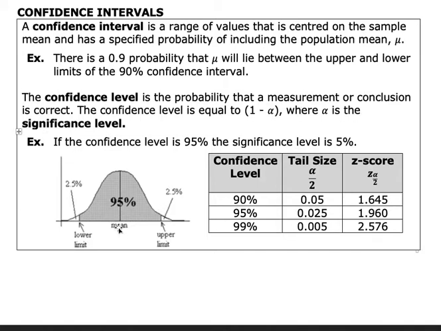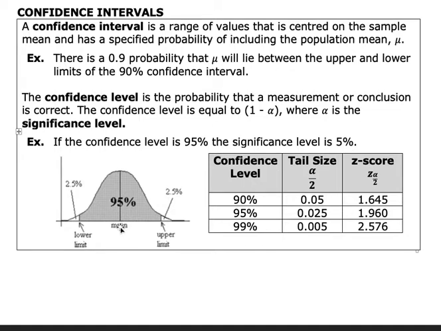So, with a confidence interval, what we're doing is centering an interval around the observation, the sample mean, and taking steps to the right and left based on that sample mean to try to estimate where the true population mean would be located.